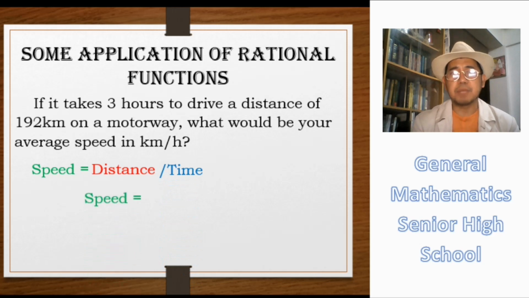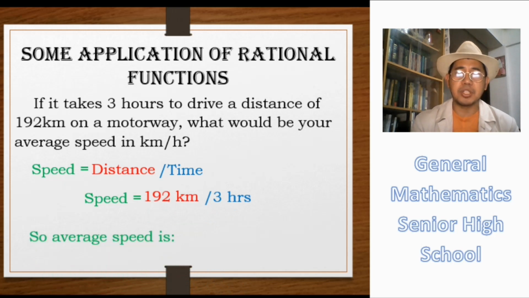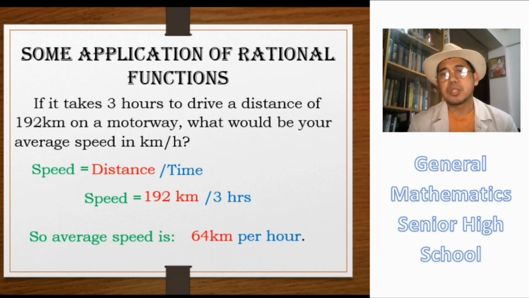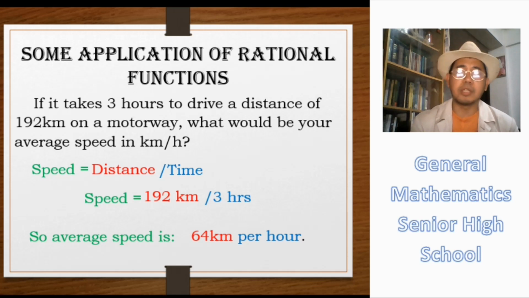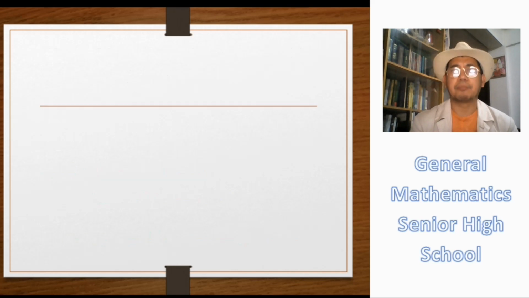The average speed is equal to the quotient of 192 kilometers divided by 3 hours. So it will give you an average speed of 64 kilometers per hour. That is the same as 192 divided by 3. It will give you 64. And so the answer would be 64 kilometers per hour.